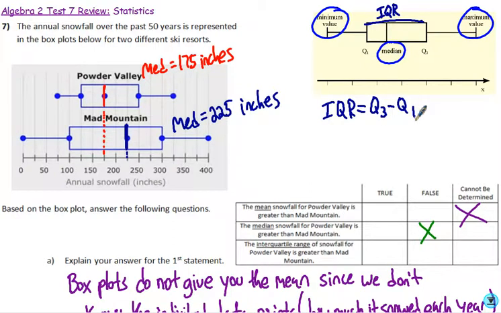Like I said, it's the width, or you can think of it as the length of the box. So if I wanted to know this distance, Q3 is 300 and Q1 is 100. So the length of this box, 300 minus 100, would be 200.